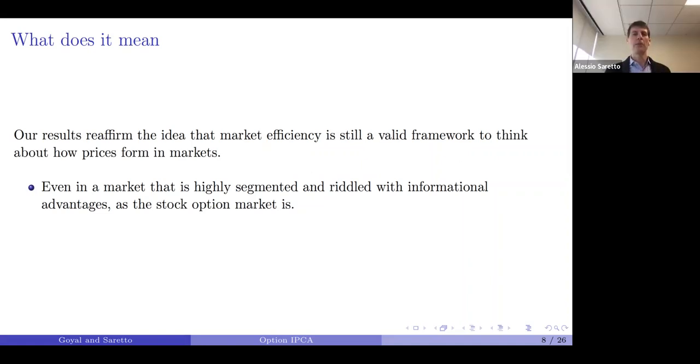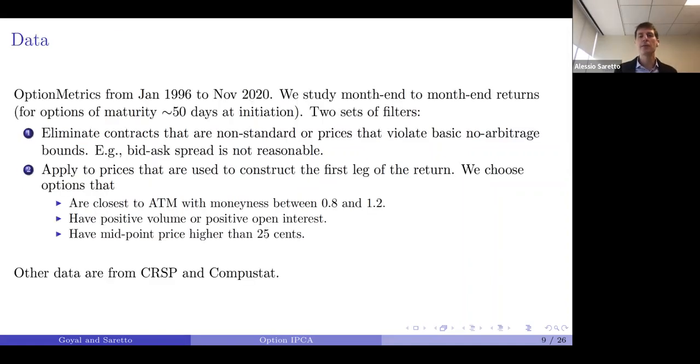All right. So the data is the standard data that everybody uses. This is all OptionMetrics from 1996 to 2020. There are several different ways to do these things, and they actually do matter. At some point, somebody has to write a paper that lays out the law of the land, if you want.